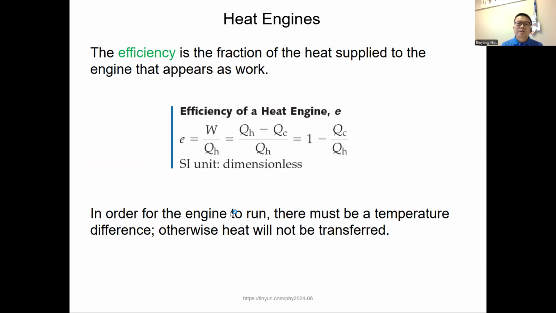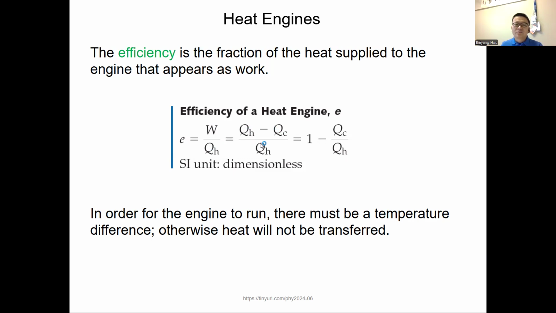The efficiency of the heat engine: because it converts heat into work, it's how much work can be converted over how much heat it takes in. So the efficiency of a heat engine should be equal to the work done divided by the heat it takes in. And the work done is equal to the heat it takes in minus the heat that is discarded. So then you can also do that.